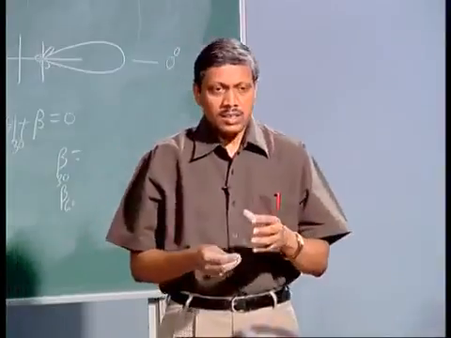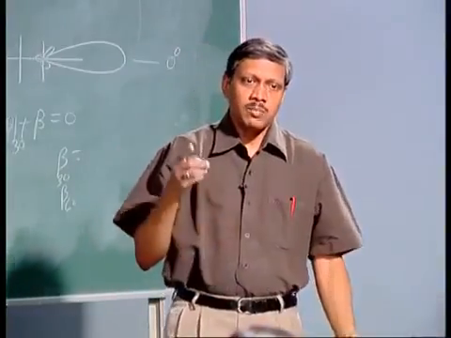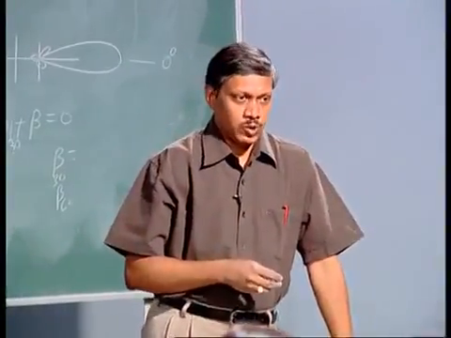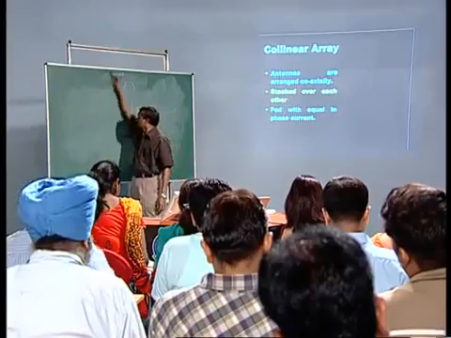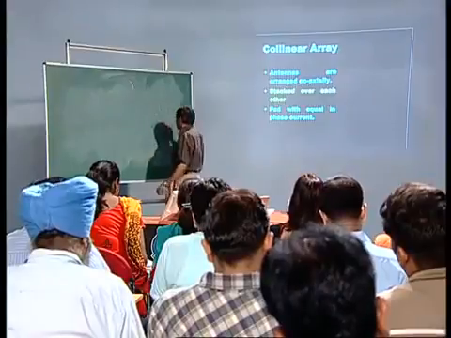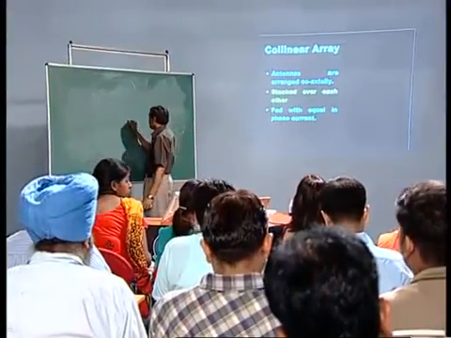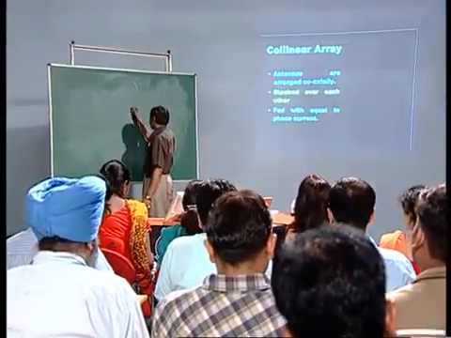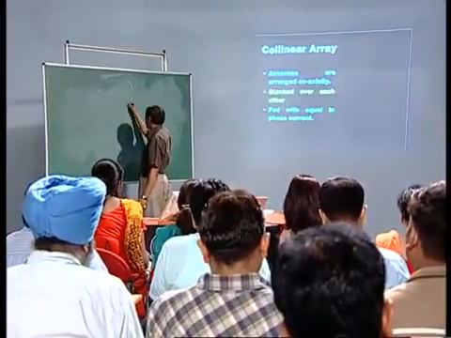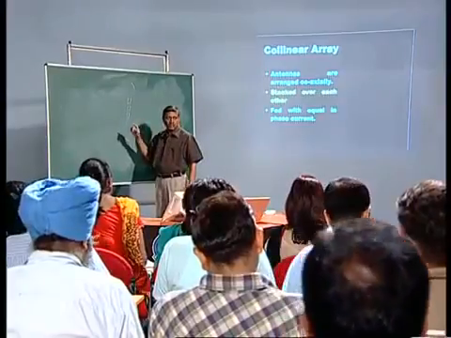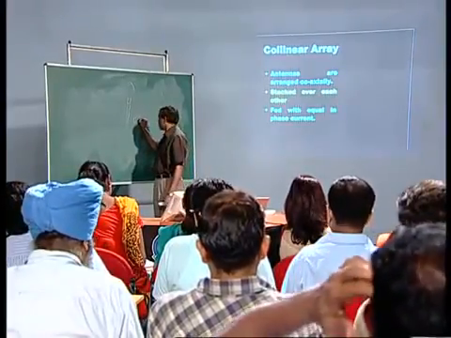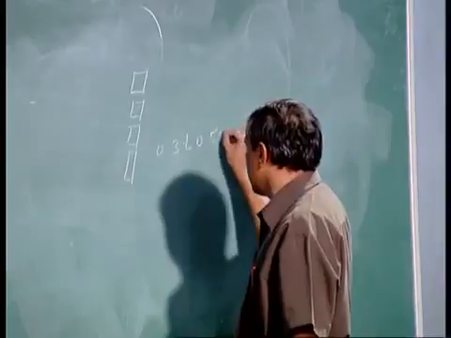And again this is a broadside antenna array approach. This is one element, this is another element, this is another element, like that they stack. This separation is between 0.3 to 0.5 lambda.